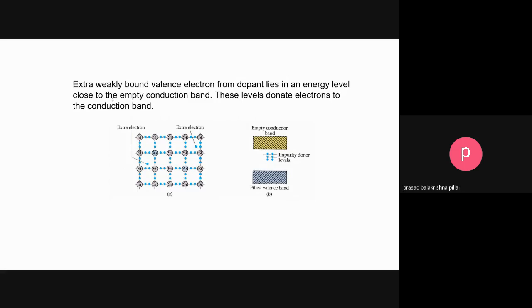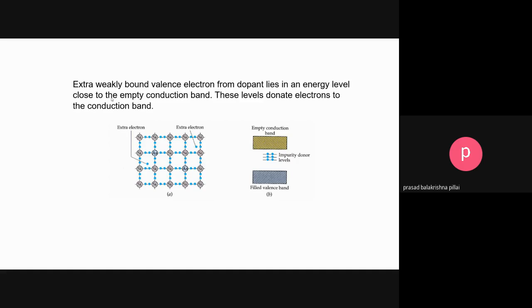That is the very important point you have to remember, because we will be going towards the energy band diagram. With intrinsic semiconductors, we have seen the energy band diagram: you have the conduction band and the valence band separated by the forbidden band, and in the middle you have the Fermi level. Now, when we talk of extrinsic semiconductors, again you have the conduction band, the valence band, the forbidden band, and then you have the impurity levels.